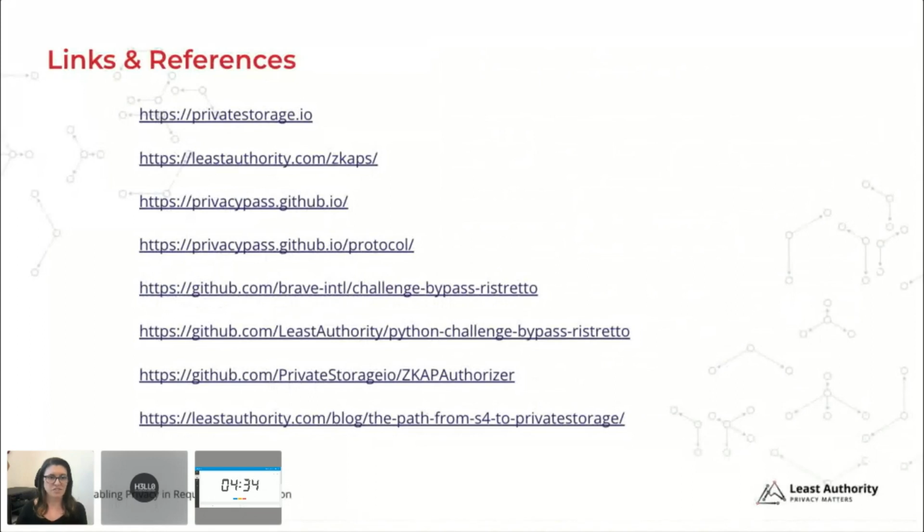Okay, so there is one question here, and it says, how does one save a ZCAP? So it depends on how you're interacting with them. In our use case with private storage, we have a desktop application that you would interact with. Like I mentioned in the earlier slides, the encryption and the sharding and all of that happens on the client side when you're interacting with Tahoe Labs and, in our case, private storage.